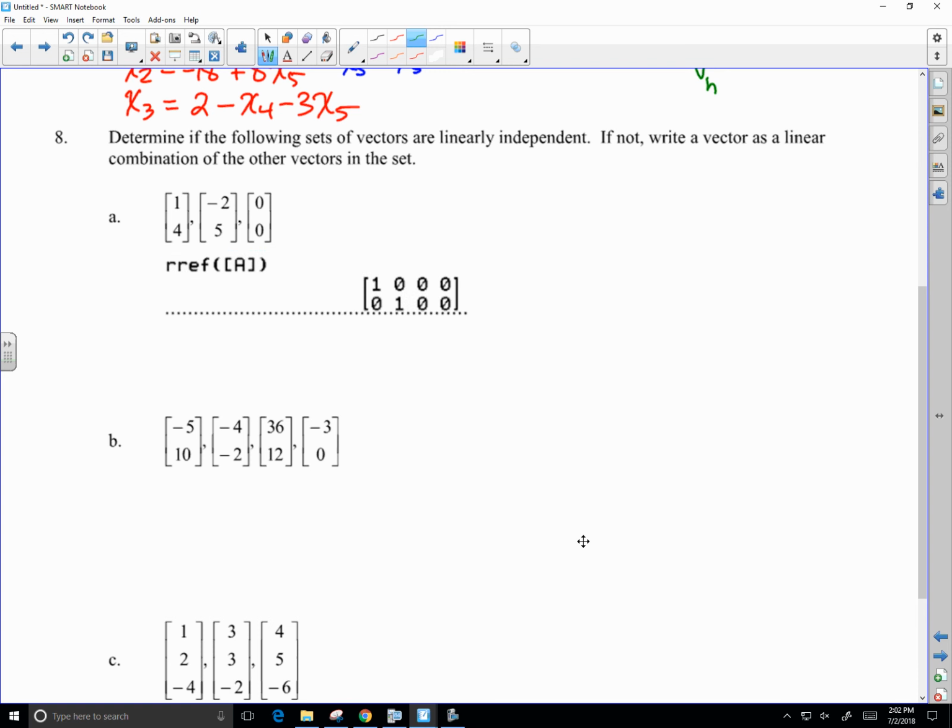Just give me the row reduced matrix and then go from there. So here we're looking at only the trivial solution. Therefore, it's independent.